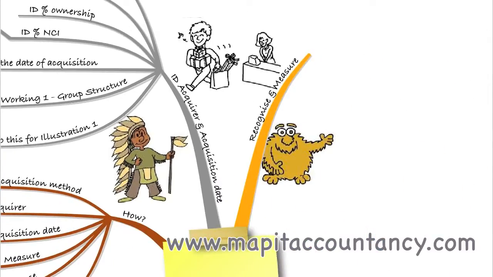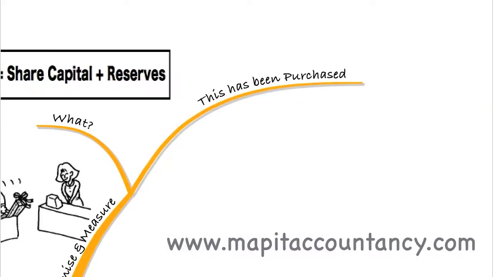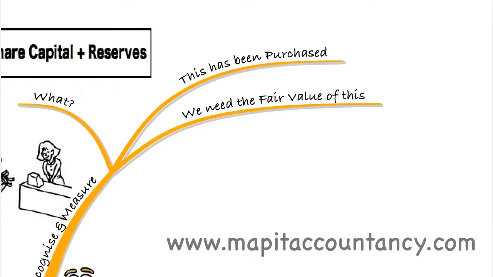The next step was to recognise and measure. What are we recognising and measuring? Well, the net assets. Remember that the net assets that we're acquiring will be the share capital plus reserves. We're buying the company. You're buying their shares, so you're buying their share capital plus their reserves. That is what has been purchased. We need to know the fair value of that.